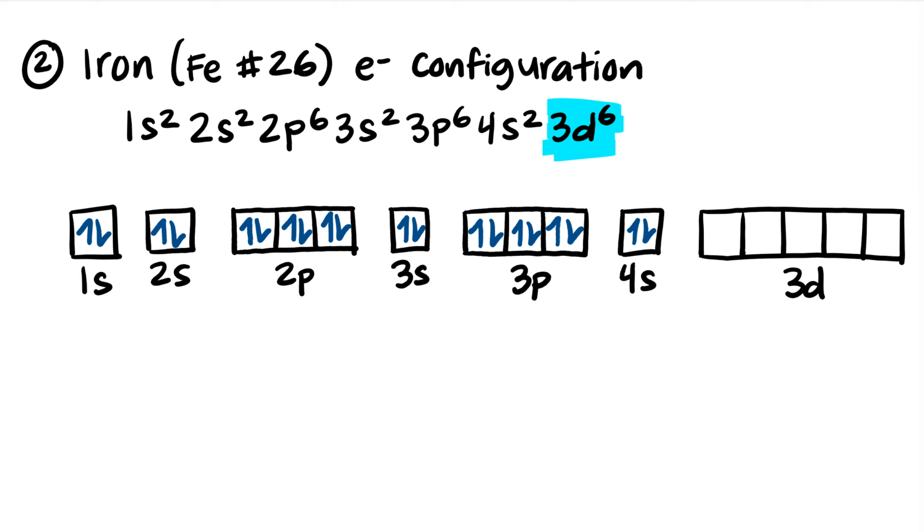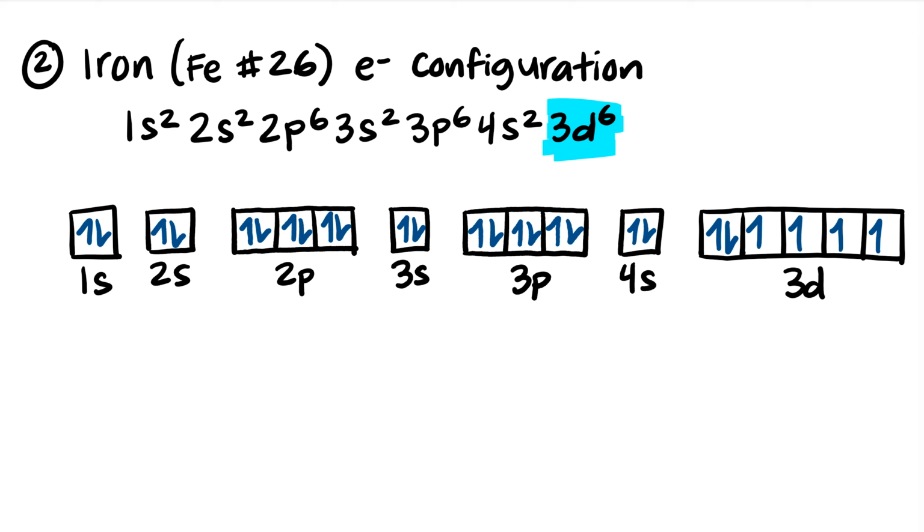So I have to draw a total of 6 arrows for 6 electrons. But in the same manner that I filled in the p sublevel, the d sublevel has to be 1 up arrow per box before any box gets a down arrow. So we're going to go up, up, up, up, up. So I have 1, 2, 3, 4, 5. And so the 6th electron will be the down arrow in the first box.